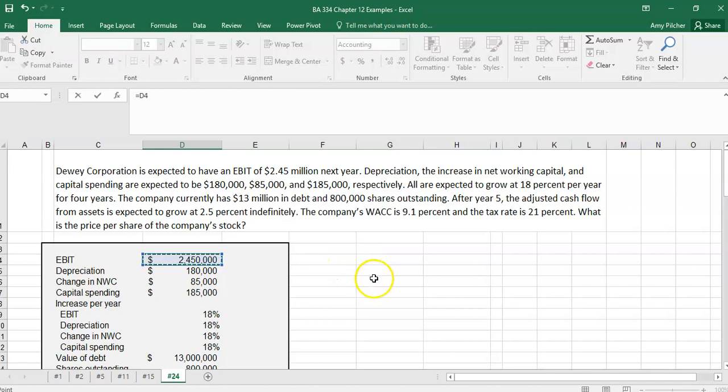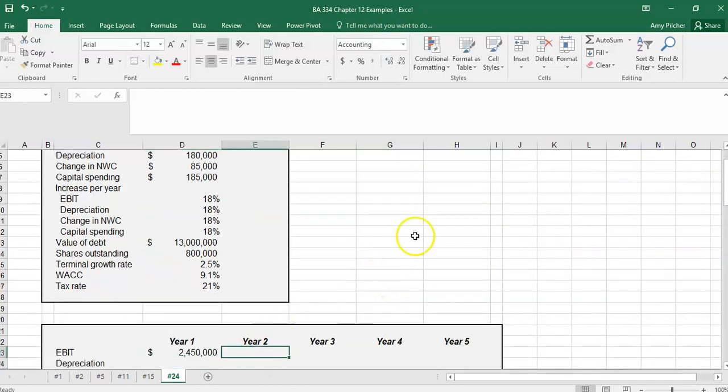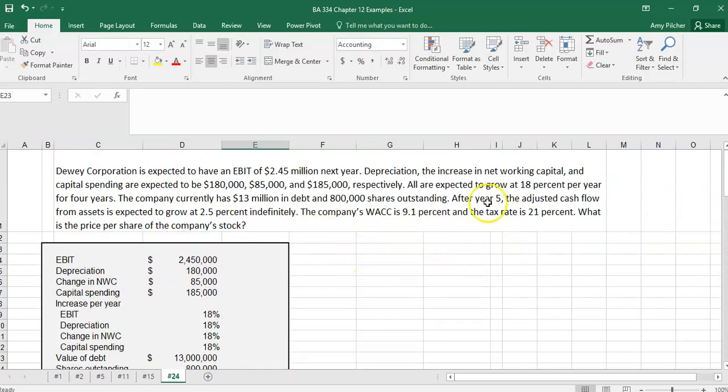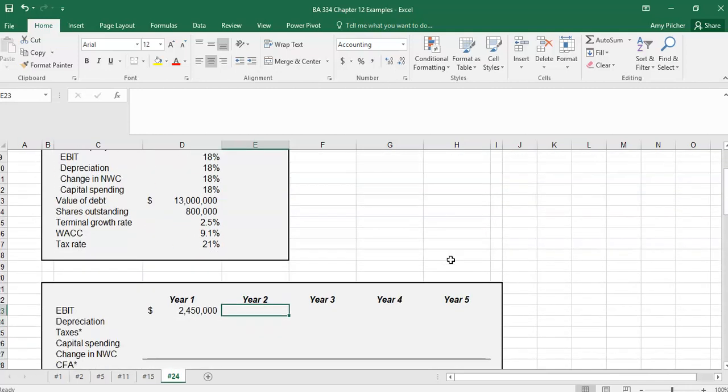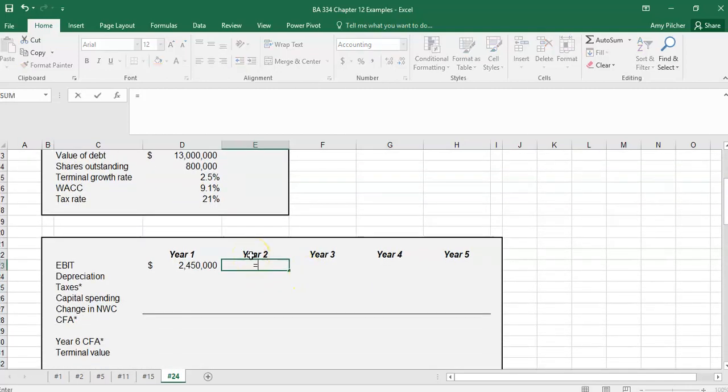2,450,000. Okay. Then for the next year, we see that we're expected to grow 18% per year for the next few years. So we have the previous year times 1 plus the increase.